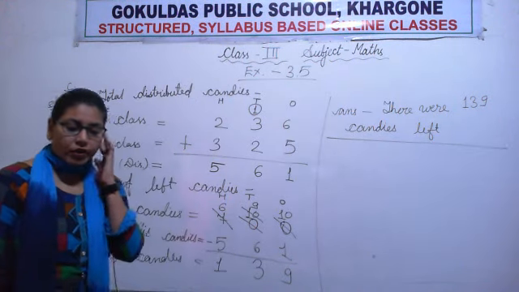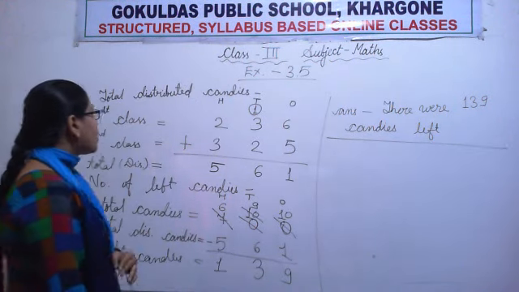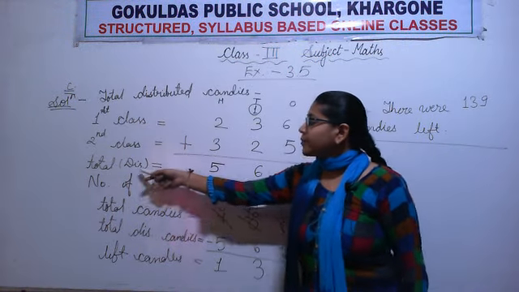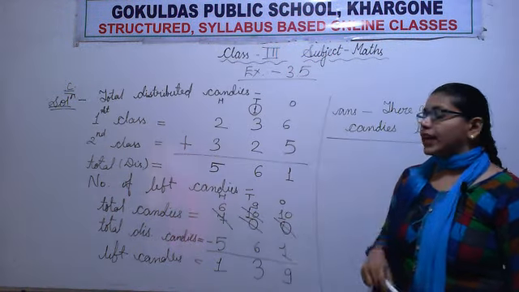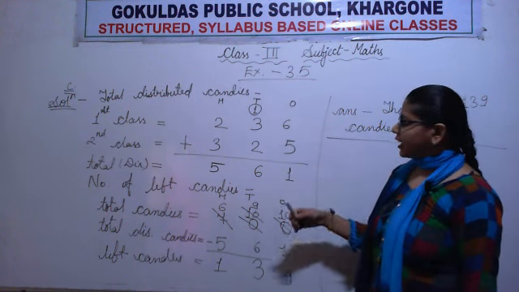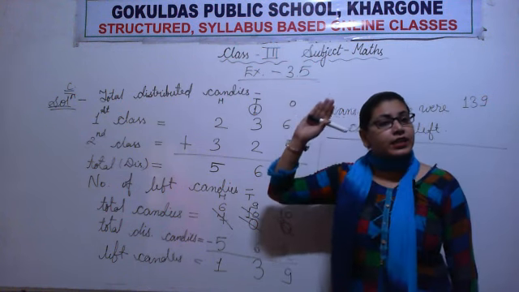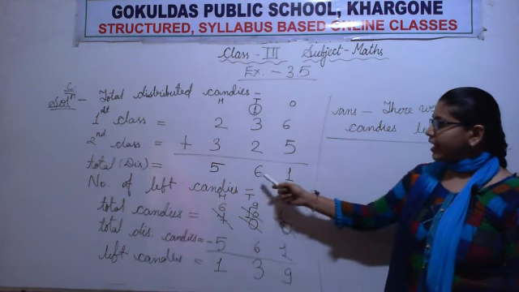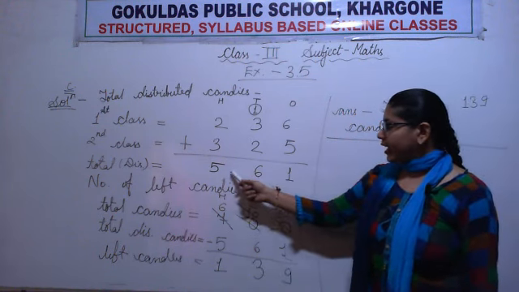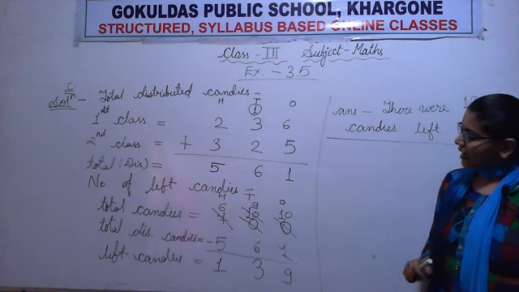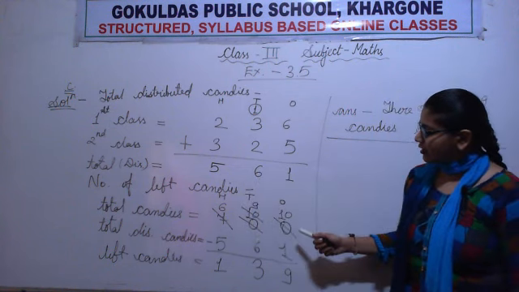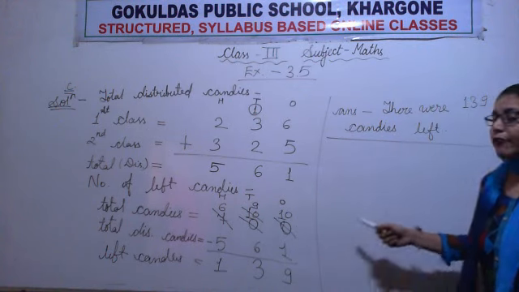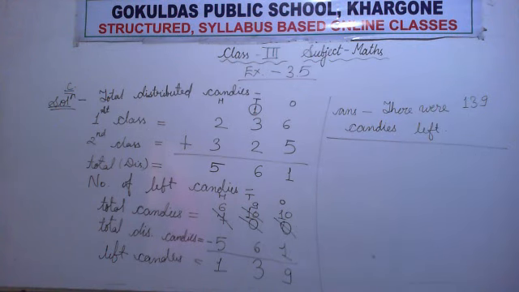Okay, now all of you note it down properly. First of all, we found out the total distributed candies, and then we subtracted this from the total initial candies. So total 700 candies were there, and Anish distributed 561 candies. So we subtracted 561 from 700 and got the difference, that is the left candies.